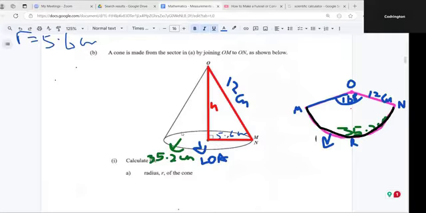And since you have two sides, you could use Pythagoras' theorem here. Yes. Once you're given the length of two sides, you can use Pythagoras' theorem to find the only missing side. So Pythagoras' theorem is the way to go here. That's the easiest way out, rather.